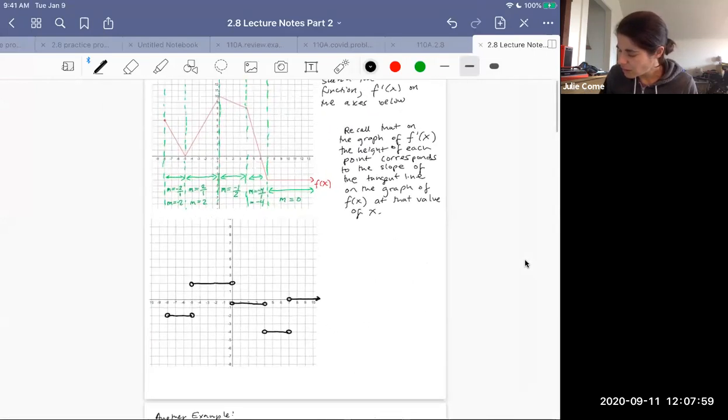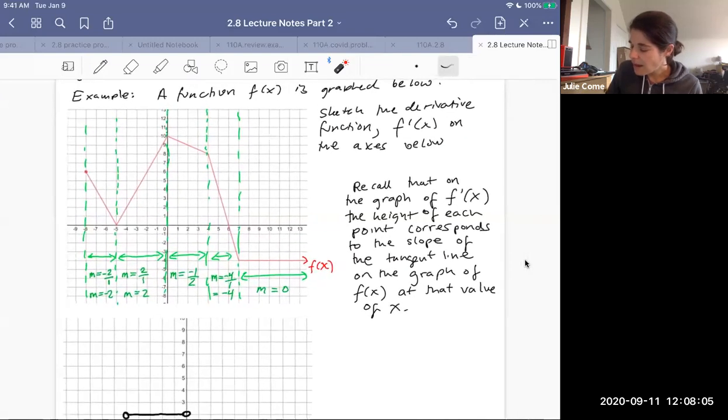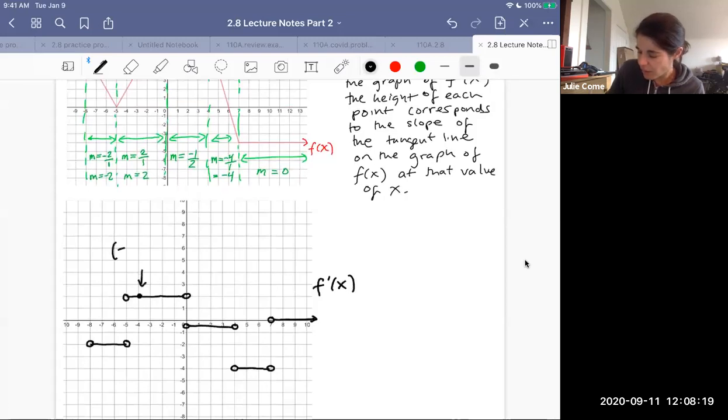So notice here, what we have now is a graph of our original function up above and a graph of its derivative below. Let's label this guy. This is the graph of f prime of x, such that if I take any point on my graph of f prime, for example, this point right here is the point (-4, 2). What does that point tell me?